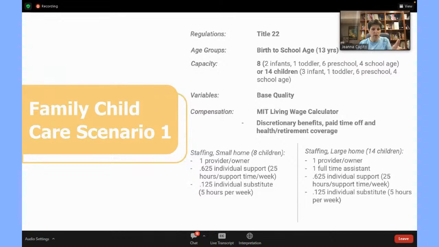And it also includes 5 hours a week of time for planning and educational and child development supports for serving the young children. Those are the same values, the 25 hours a week and the 5 hours a week, in the large home. The additional staffing in the large home is the full-time assistant that's required with licensing. So that's the difference, and you see the total staffing across the two is where it comes into play.